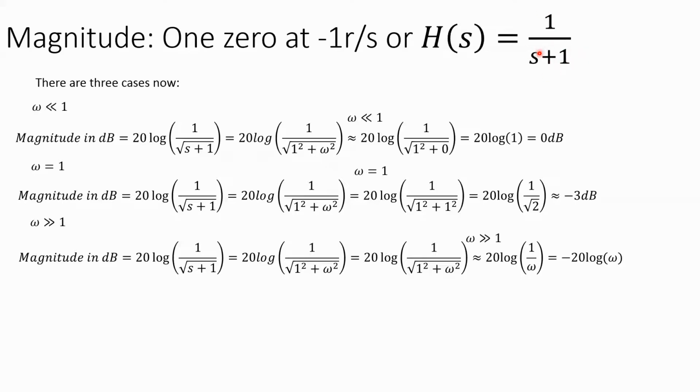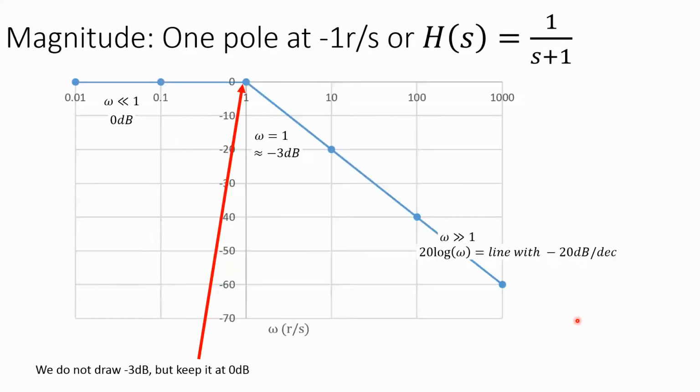So when s equals 0, 1 divided by 1 is 1, which gives us 0 dB. When omega equals 1, or the critical frequency, we just get 1 over the previous relationship, 1 divided by the square root of 2, which is around minus 3 dB. Then when omega is a lot greater than the critical frequency of 1, we get our line with a negative slope of minus 20 dB per decade.